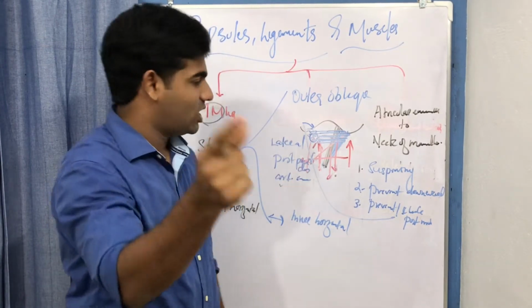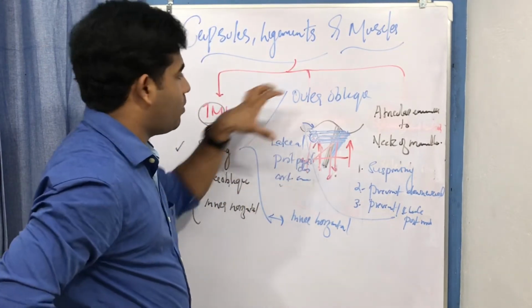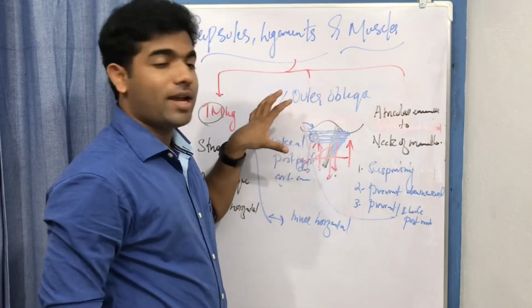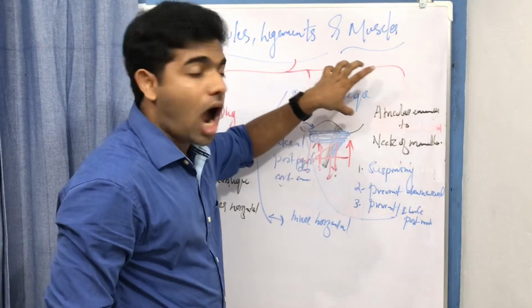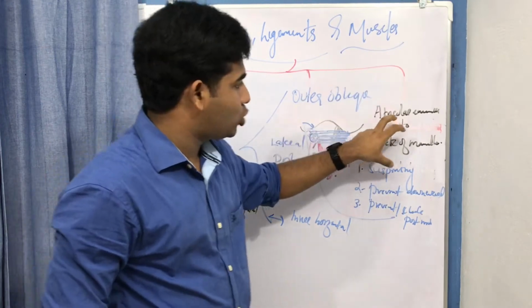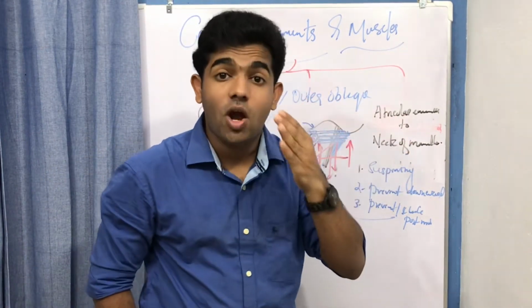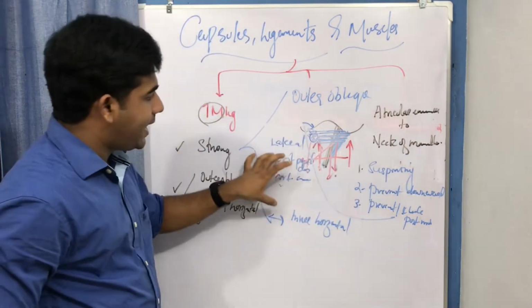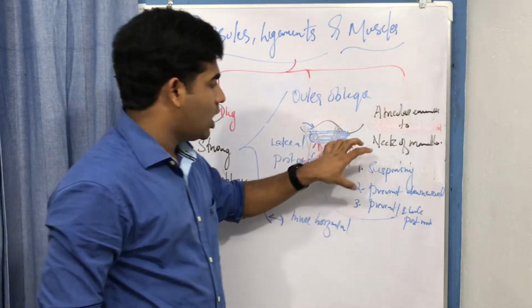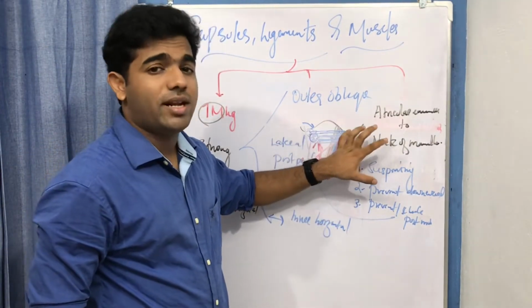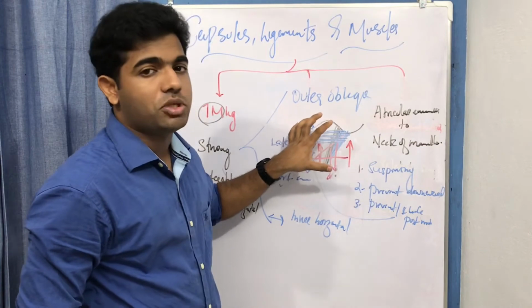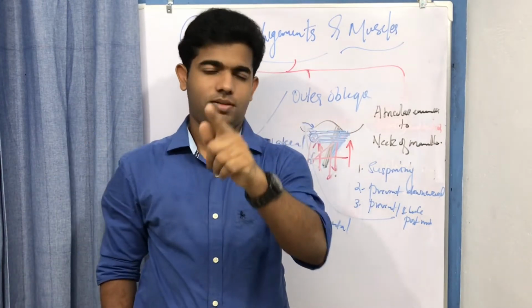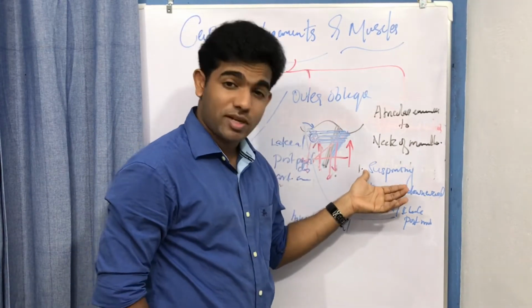Right? Yes. And let us summarize the temporomandibular joint ligament. The temporomandibular ligament has an outer oblique part attached from the articular eminence to the neck of the mandible, and an inner horizontal band which is attached from the articular eminence to the lateral pole of the mandible and the posterior portion of the disc. The outer band acts as a suspensory ligament.